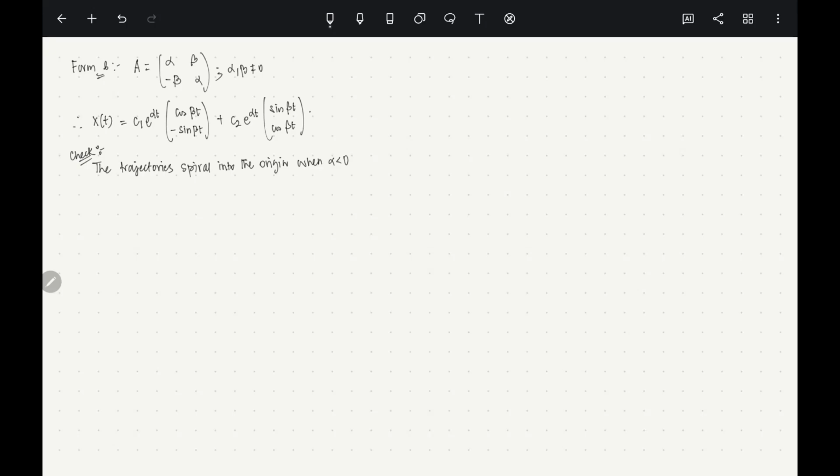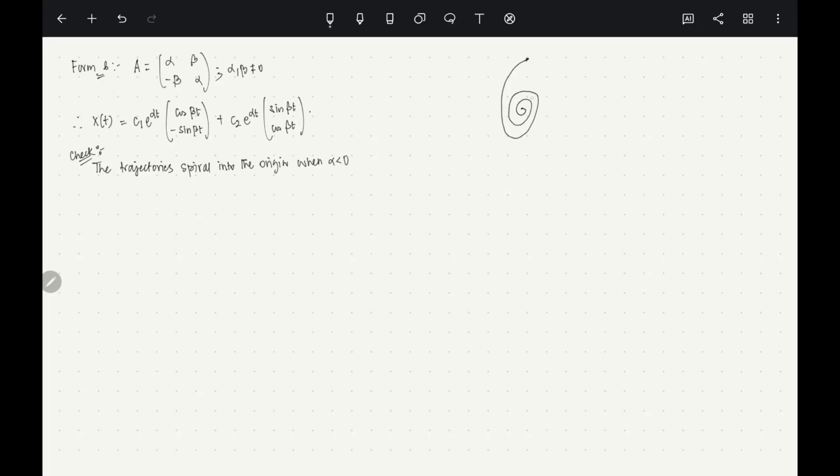Initially the points are always on the circle. Now here what is happening is the points will start somewhere here. As t goes from minus infinity towards infinity, if alpha is negative, they go towards 0, right? But in a circular fashion, because of this cosine sine thing.